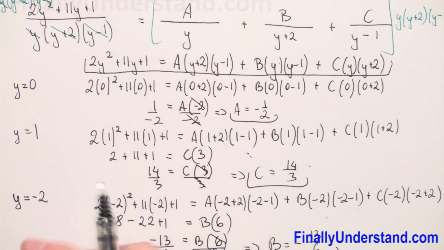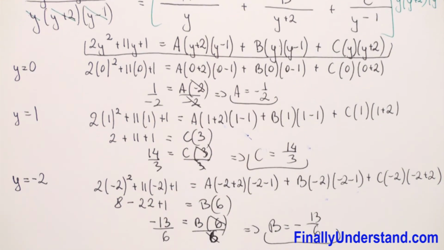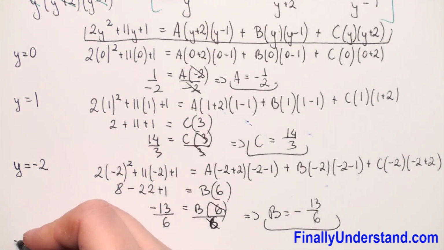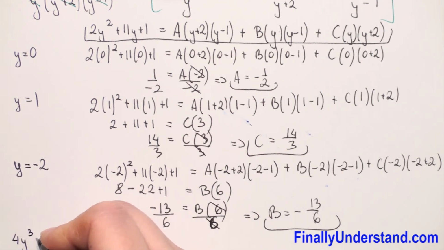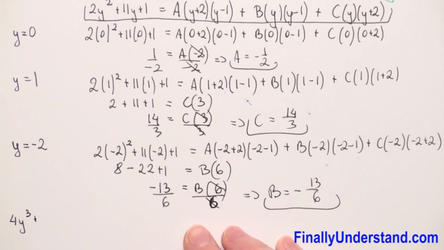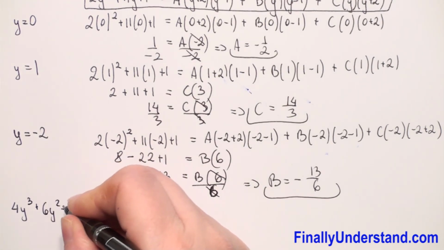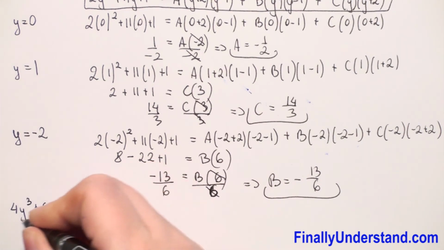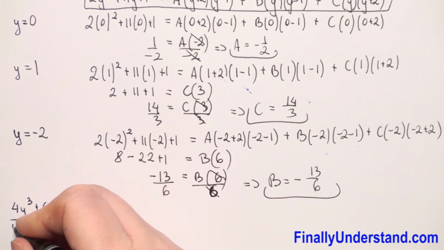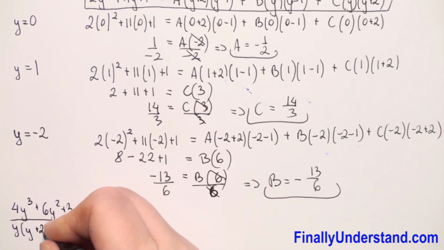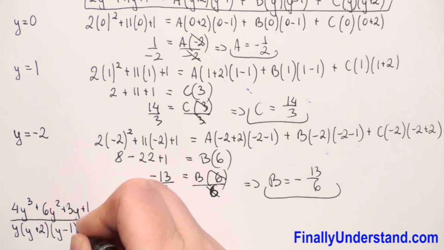So let me copy our original fraction. We have at the beginning 4y cubed plus 6y squared plus 3y plus 1 over y times (y plus 2)(y minus 1) in parentheses.